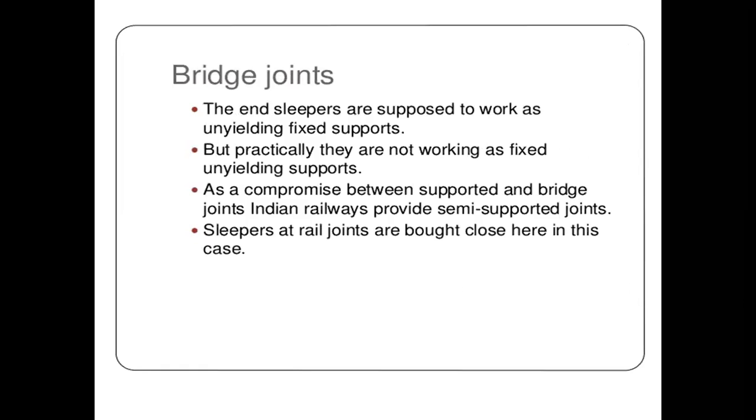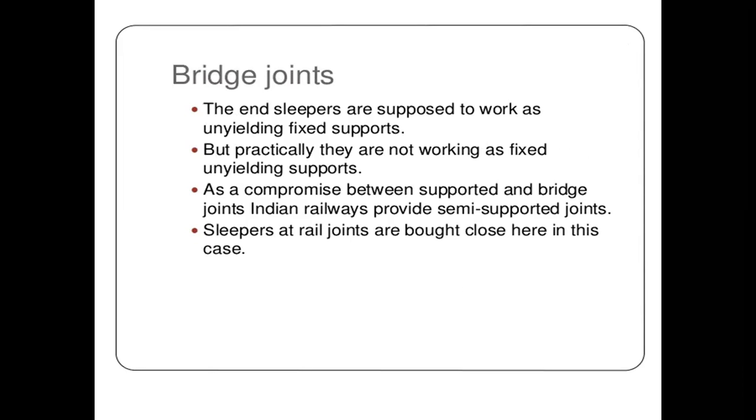The end sleepers are supposed to work as unyielding fixed supports, but practically they are not. As a compromise between supported and bridge joints, the Indian rails provide semi-supported joints.